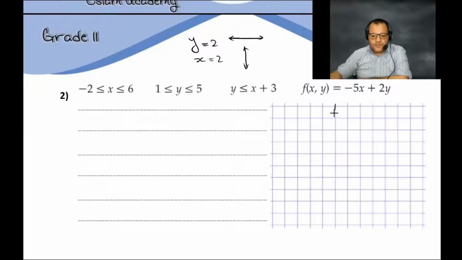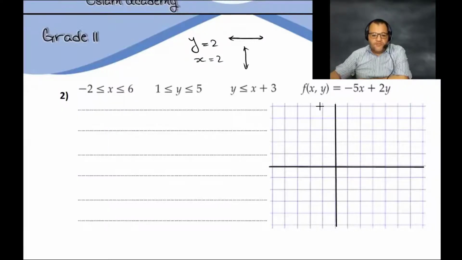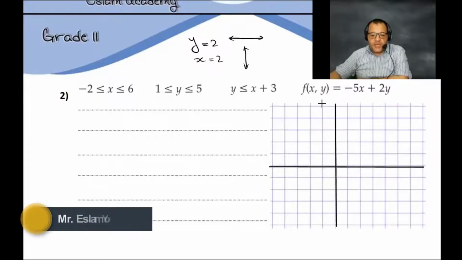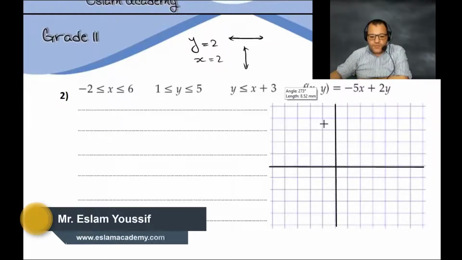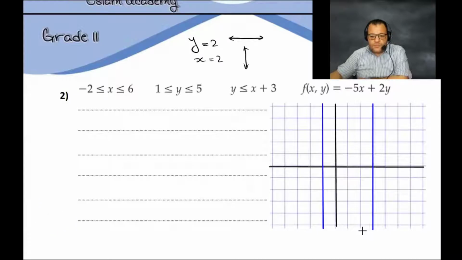I graph it here. When I say that x is greater than -2 and smaller than 6, it means the first line is parallel to the y-axis. It will be a vertical line from -2, and the other one will be at 6. Is it clear?